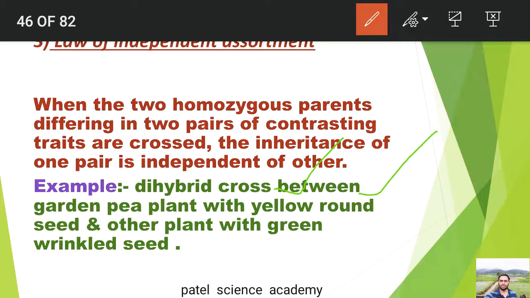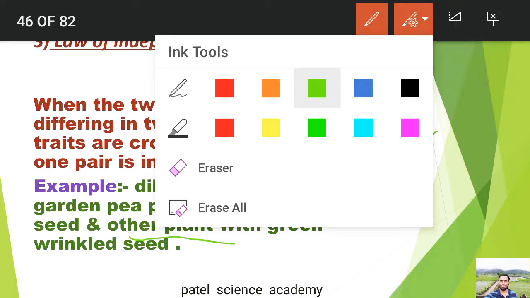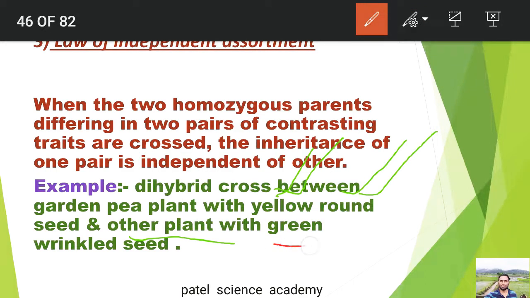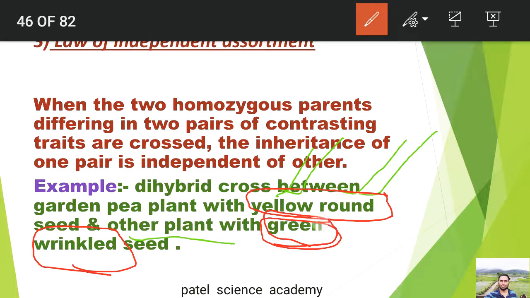One parent will have a yellow color seed and round shape, and it will be crossed with another parent. The other parent will have green color seeds and wrinkled shape of the seeds.